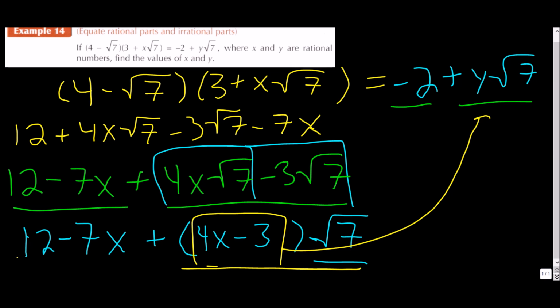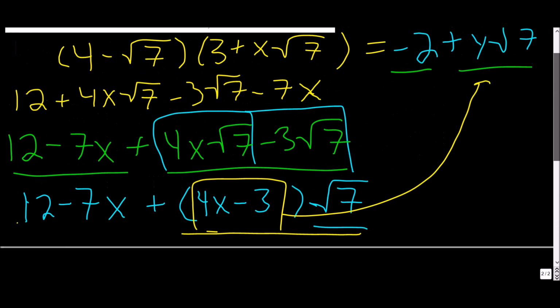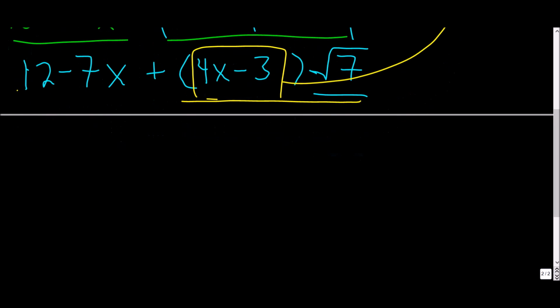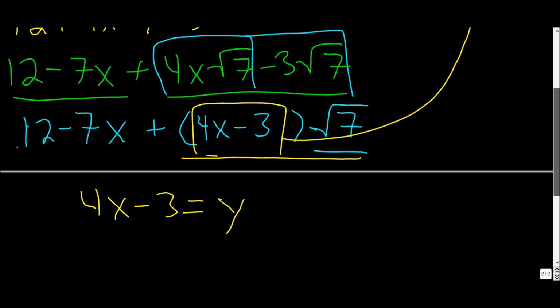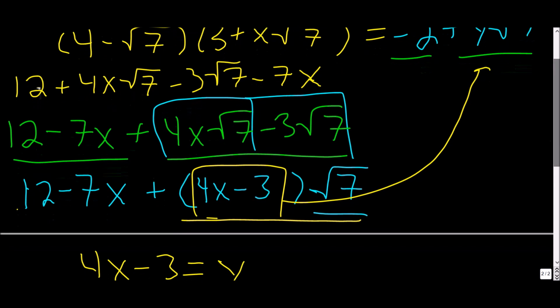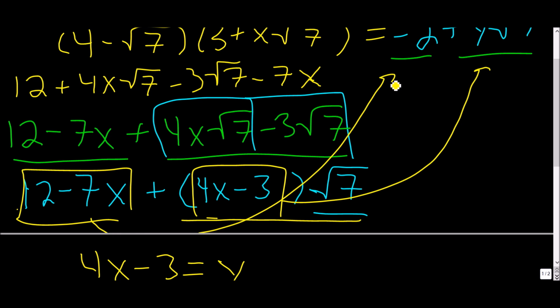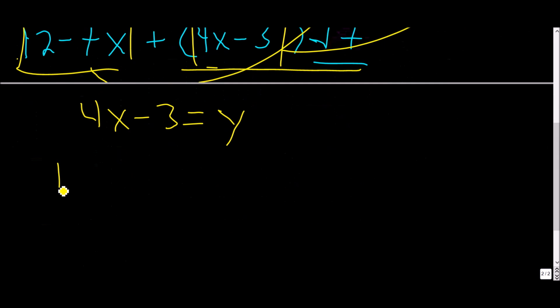So what we're going to have here is that we know that 4x minus 3 is going to make y. We also know that 12 minus 7x has to make negative 2. So these are two equations. You may think, oh, I'm going to do a matrix.